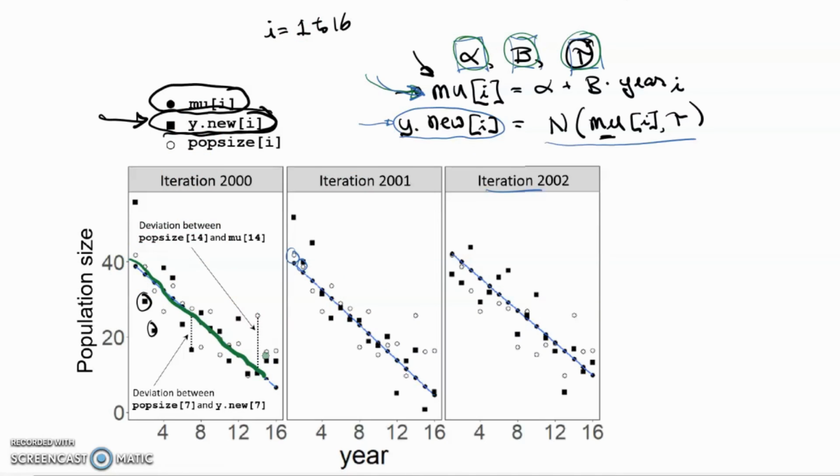And the whole concept of these goodness of fit tests is that if we have a well-fitted model, if our model fits well, then the pattern of deviations for the observed values should be very similar to the pattern of the deviations of the newly generated values. And that's going to form the basis of our goodness of fit tests.